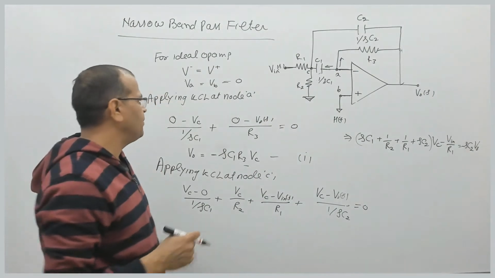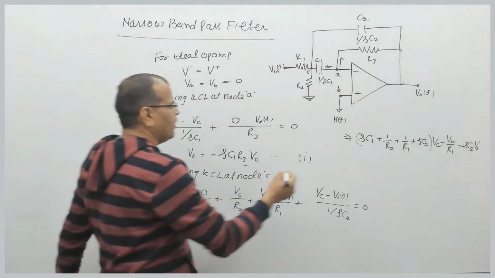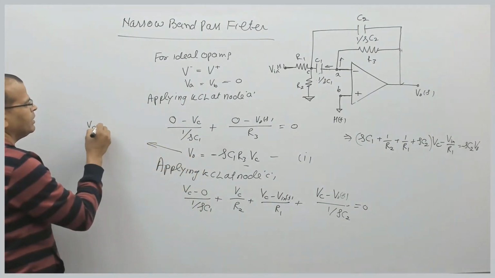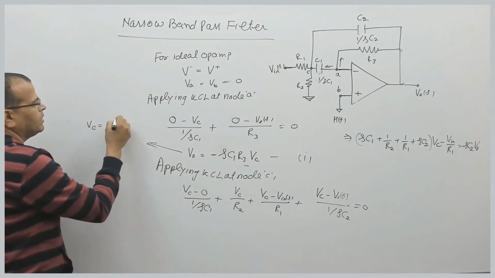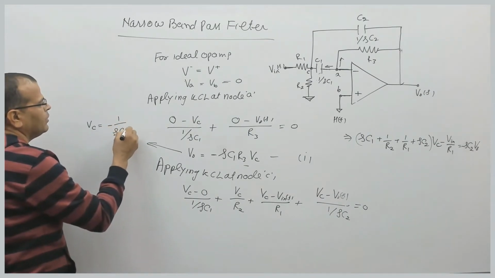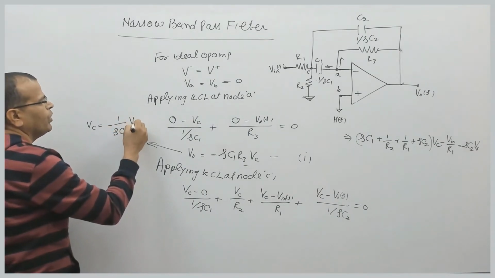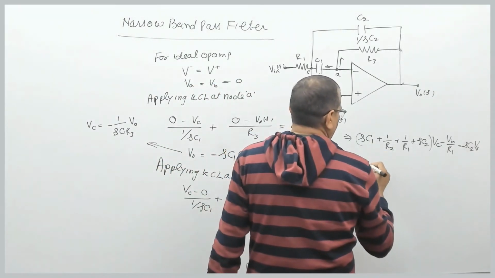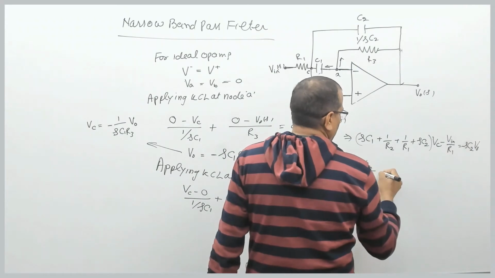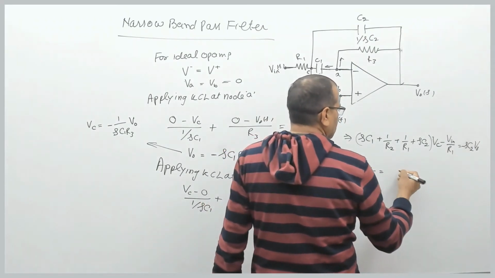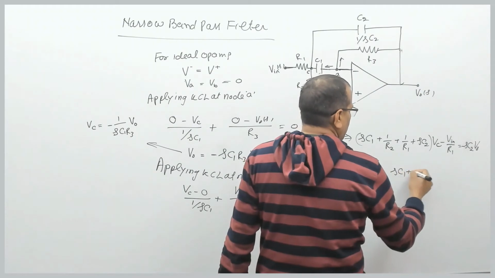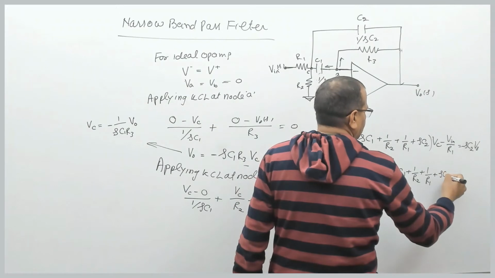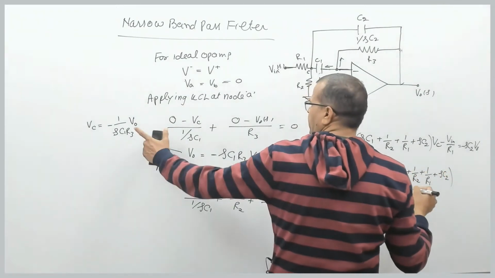And you know what is VC? VC I have seen from first. You can see, or I can simply from this equation I can write VC is equal to what? That is minus 1 by SC1 R3 into V0, right? So I can write Vin upon R1 equal to what? That is SC1 plus 1 by R2 plus 1 by R1 plus SC2 into VC, and VC is this.